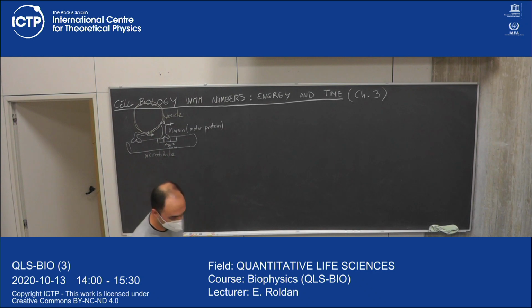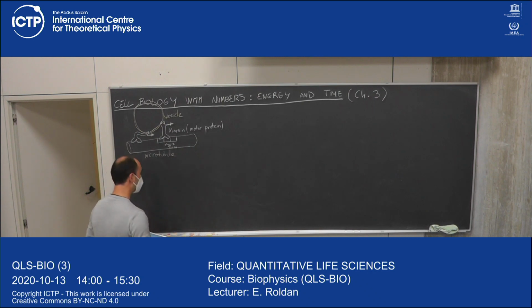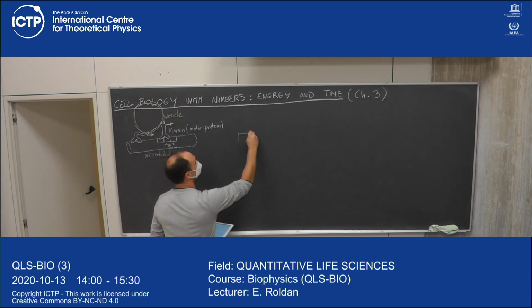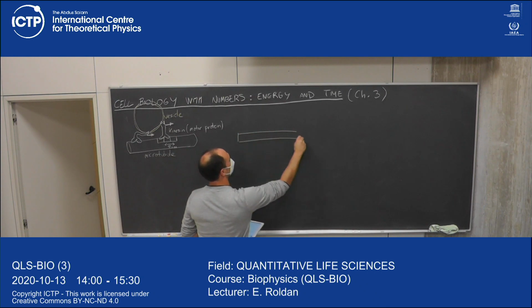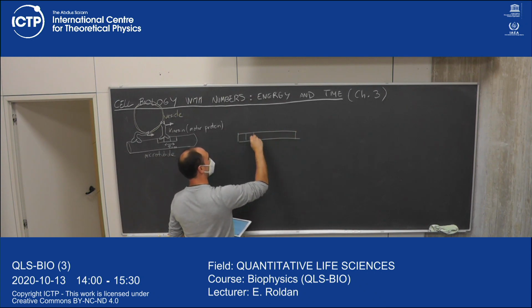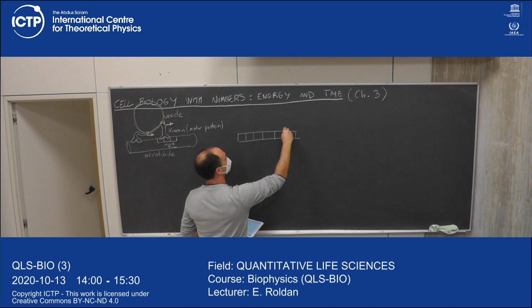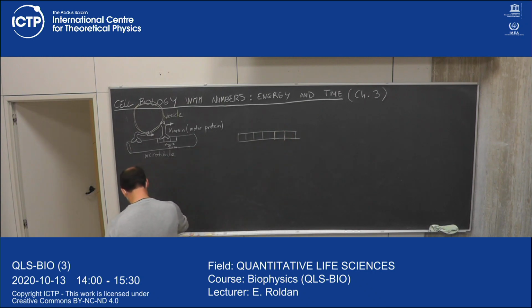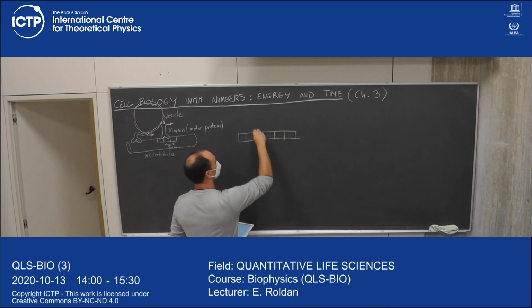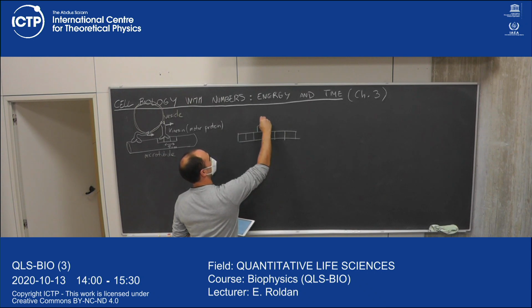If I give you a very simplified version of this process, it would be something like this. We have a linear track. This will be a very, very simplified version of the problem. There will be a motor which has 2 legs. This is the head of the motor.